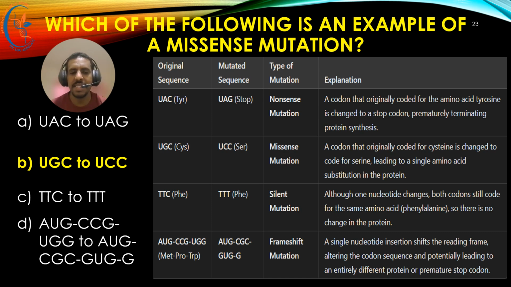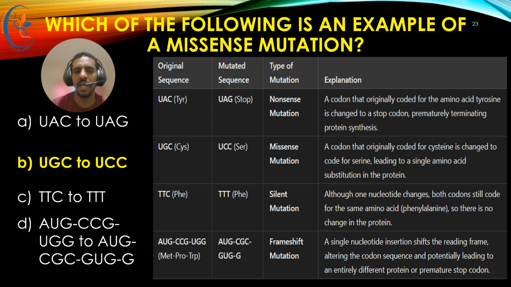For the nonsense mutation, think of it like a stop sign in the middle of the road. It turns a codon into a stop codon, cutting the translation short. For the silent mutations, these are the sneaky mutations. A nucleotide changes, but the amino acid stays the same.